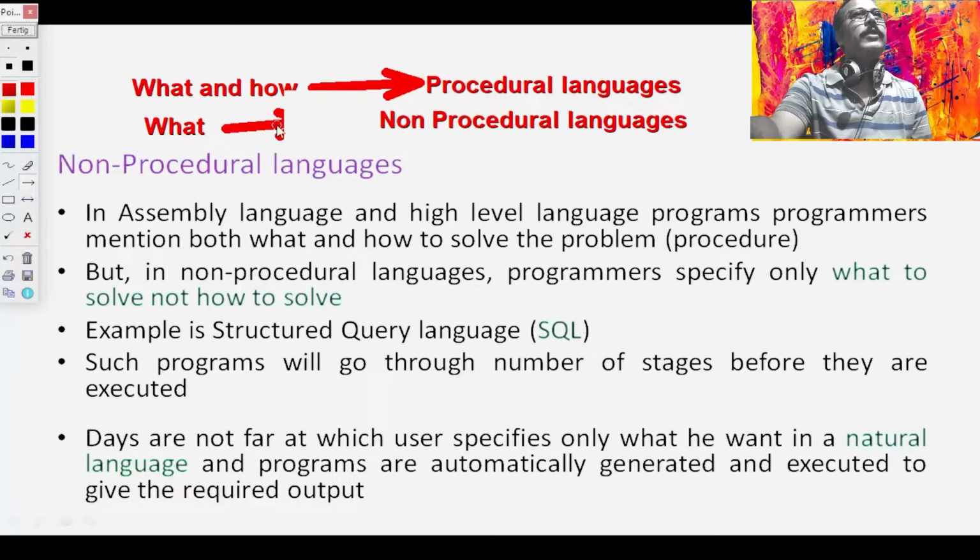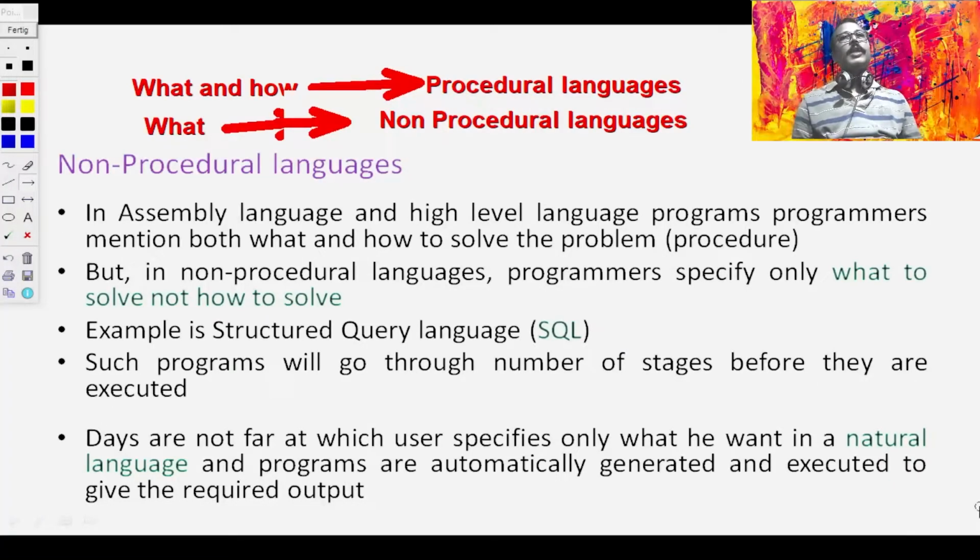So in the case of non-procedural languages, you will be specifying only what, the solution, but not how the solution has to be achieved.